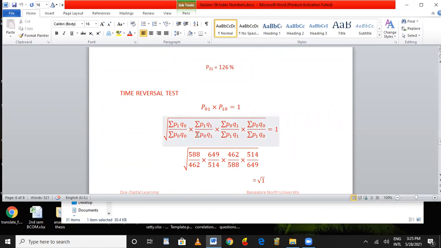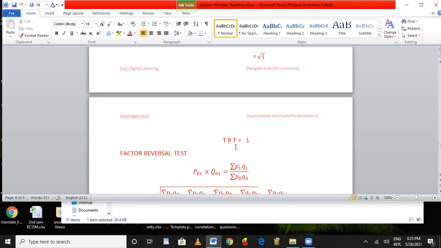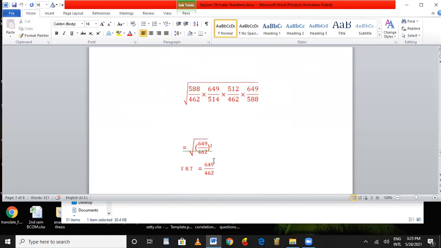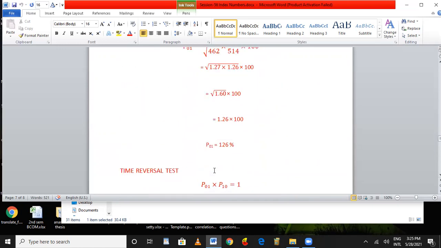Time reversal test: time has been reversed. Here we get square root of 1, so TRT is equal to 1. In the same way, FRT is 649 divided by 462, where 649 is sigma P1 Q1 and 462 is sigma P0 Q0.